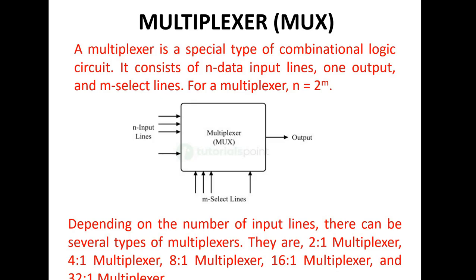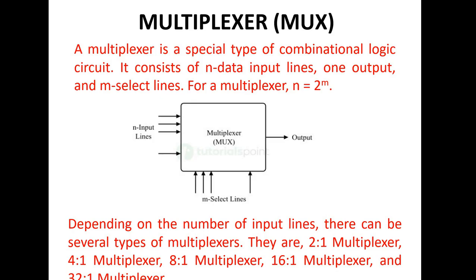For example, in 2 cross 1 multiplexer, the input lines are 2 and the output line is 1. Simply we can say multiplexer consists of many input lines but only one output line. For example, in 8 cross 1 multiplexer, the input lines are 8 but the output line is 1. So there are m select lines.